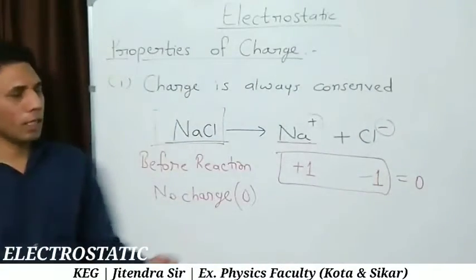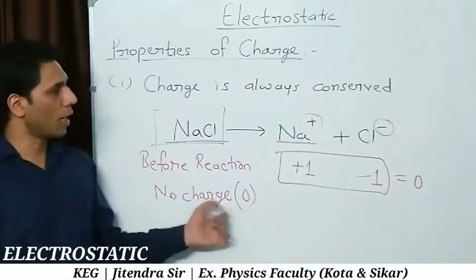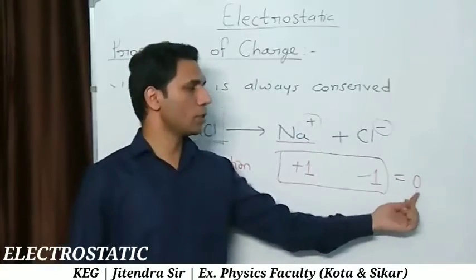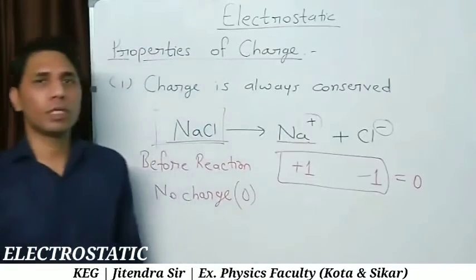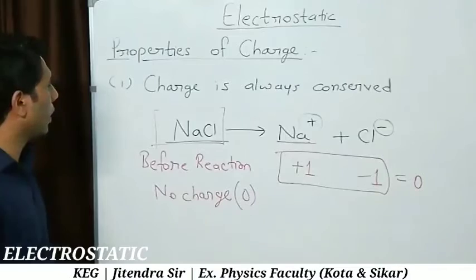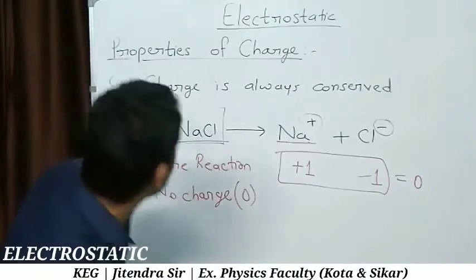Before the reaction the total charge is 0 and after the reaction the total charge on the system is 0. Is it clear how charge is conserved? This is the first property of charge. Now we are going to our second property.